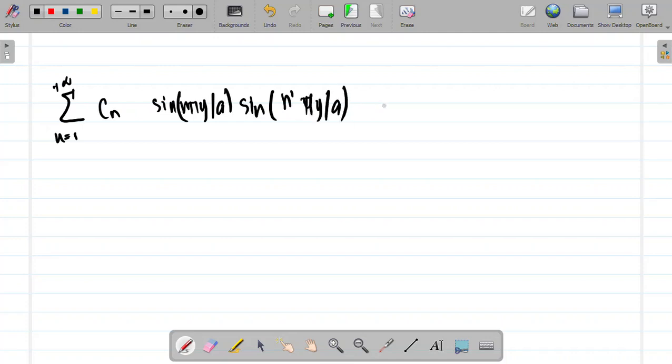Tapos, this is equal to v naught of y sin n prime pi y over a.